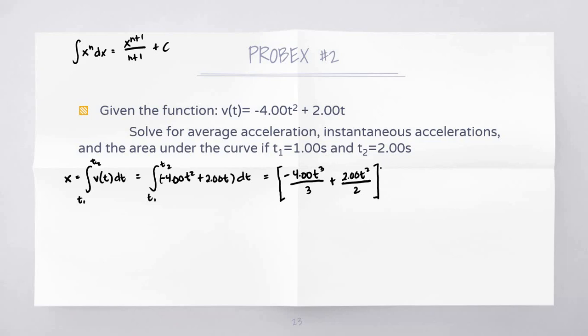At the right side of the bracket, you put the limits. The upper limit is t sub 2, that's 2 seconds, and the lower limit is 1 second.